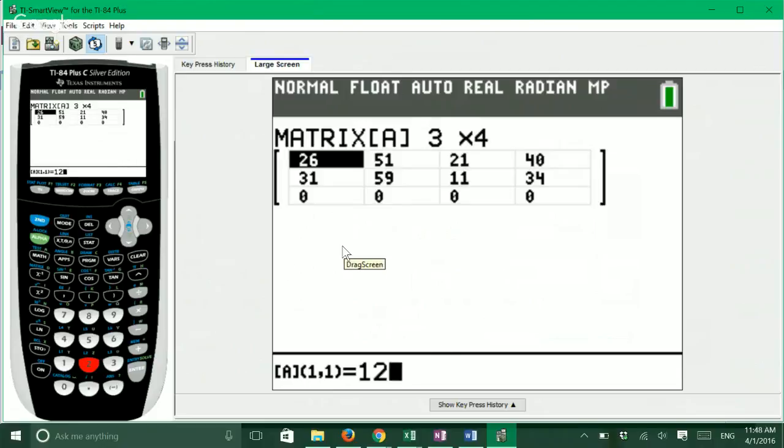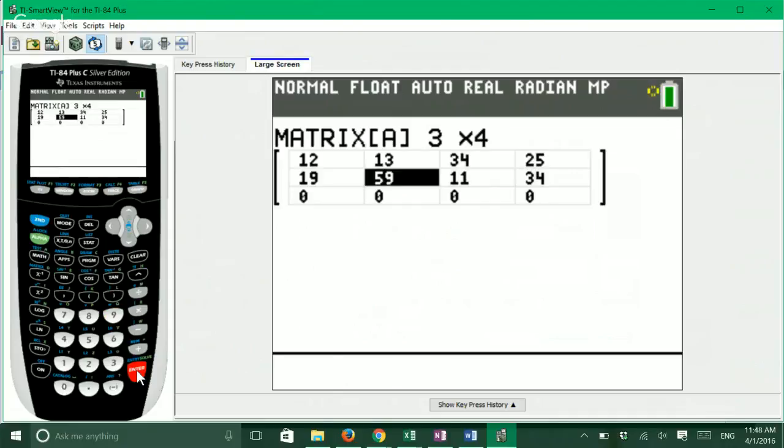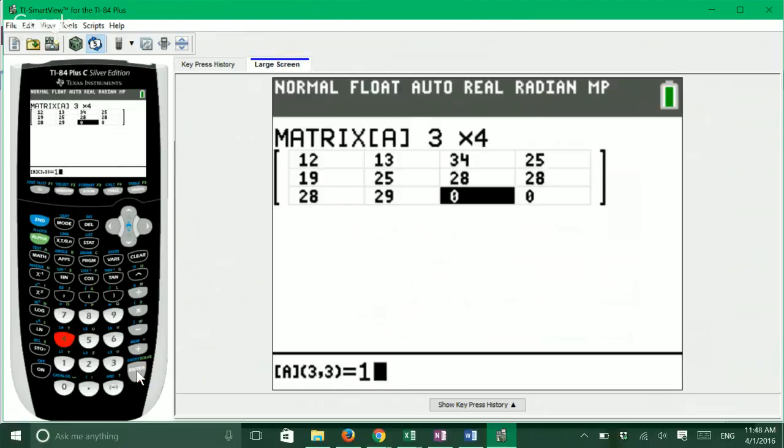Enter: 12, 13, 34, 25, 19, 25, 28, 28, 28, 29, 14, and 15. So there does seem to be some kind of, well, it's kind of hard to tell actually.